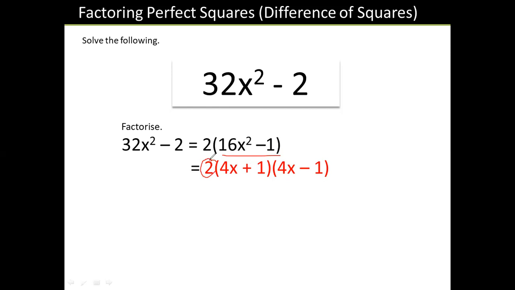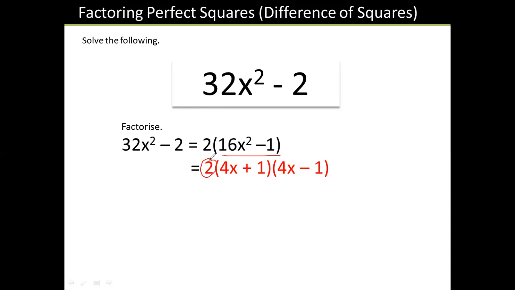Okay, so you don't have a perfect square yet, but we can extract and we can get a perfect square. So what do we do again? Take out common factors of 32 and 2, which is 2.